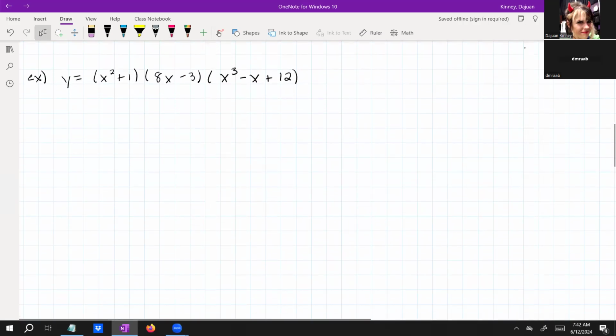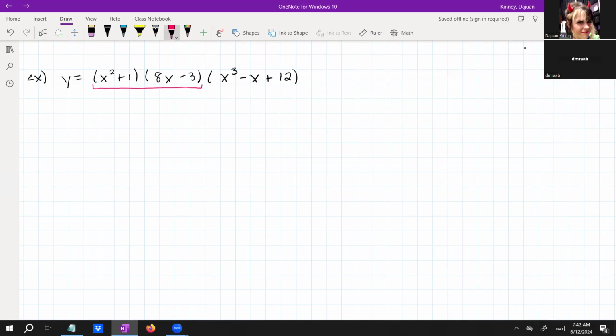All right, my last one for product rule is this monster. You have a lot of ways you can tackle this. In the book, there's a formula for dealing with 3, but personally, I'm not a memorize the formula sort. So I'm going to use the same rules, but I'm going to have to do it twice. So I'm going to block these off.